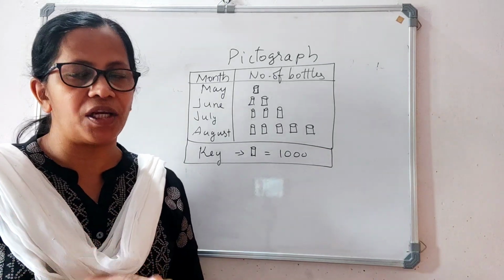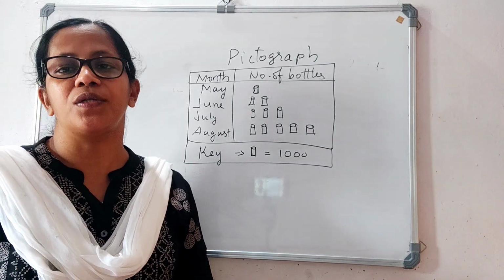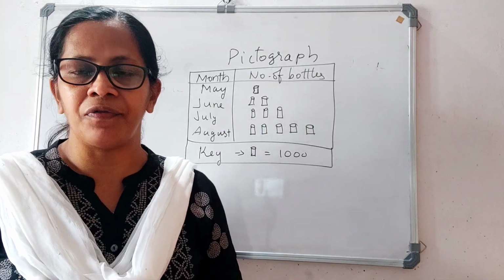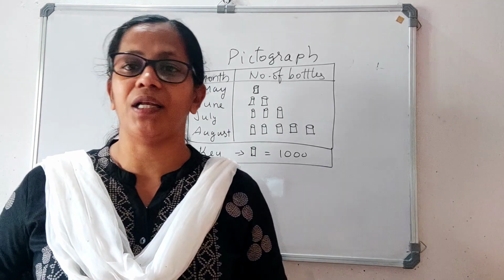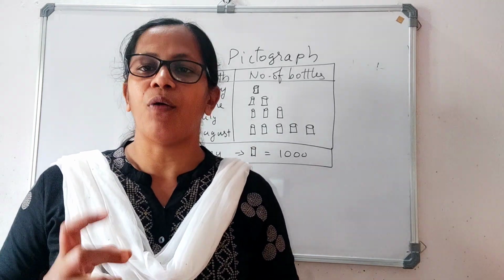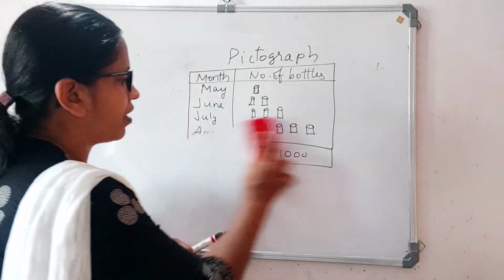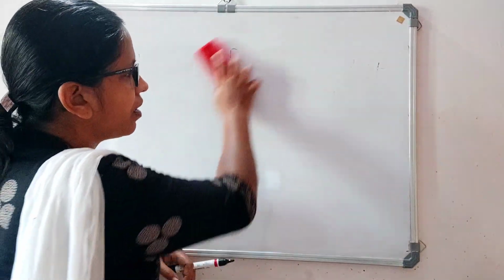And the same information can be represented using a bar graph. Now we are going to learn what a bar graph is, what things to keep in mind while drawing a bar graph, and how to represent it.